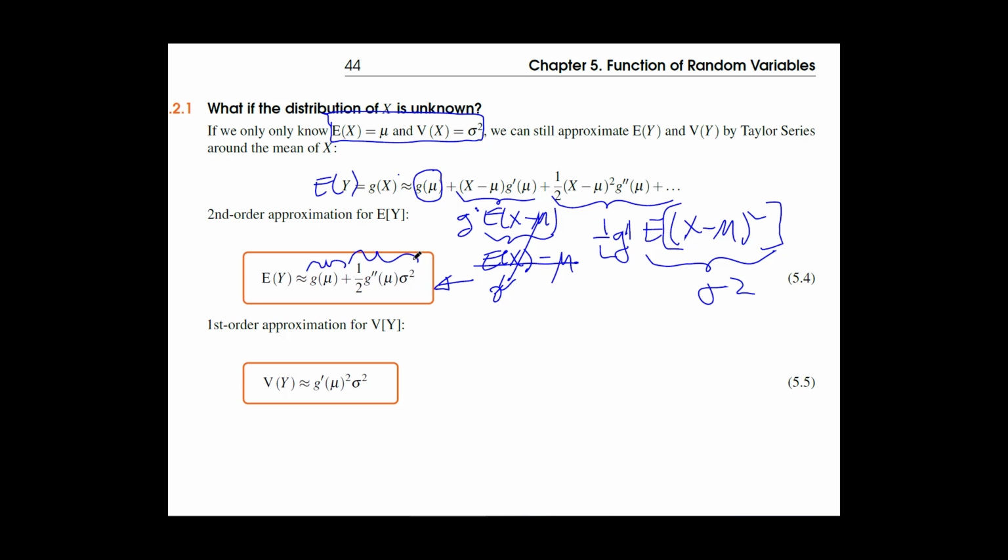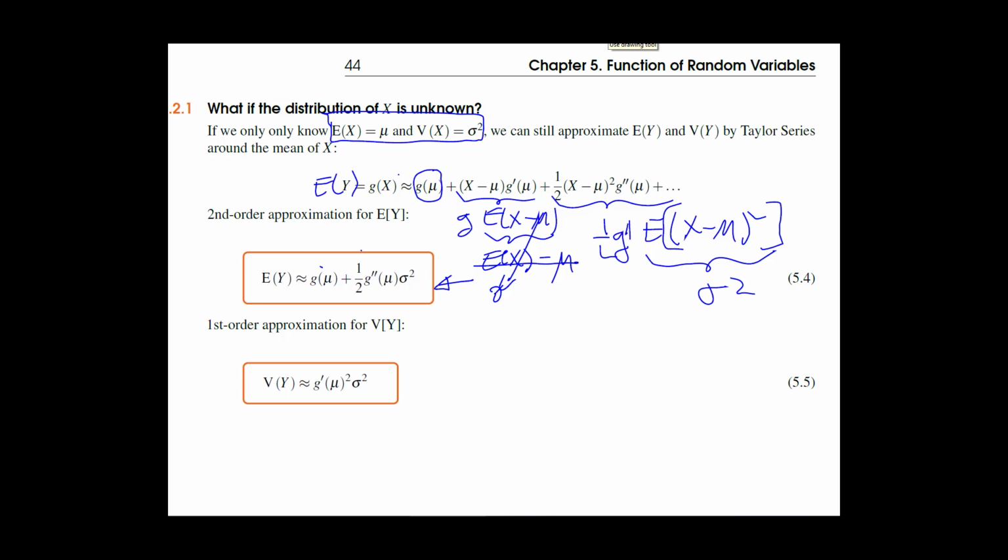Now you can see why: for a linear function, the second derivative is 0, so this term is 0. But if it's nonlinear, this term is the correction for that bias. So unless your function is linear, equation 5.4 is the one to use.